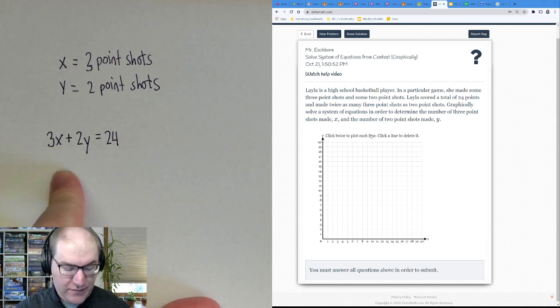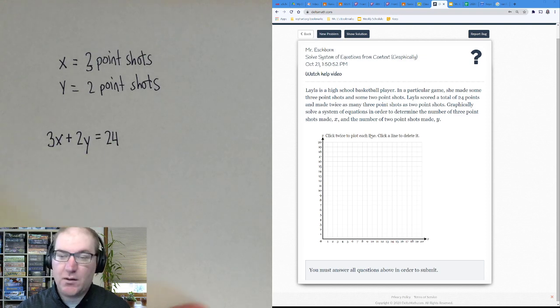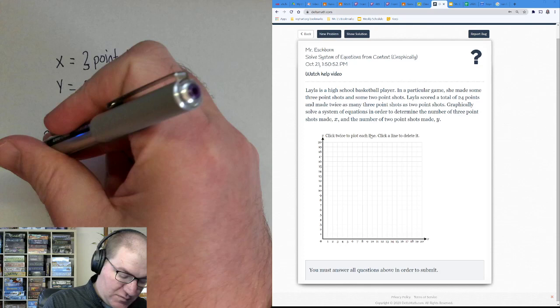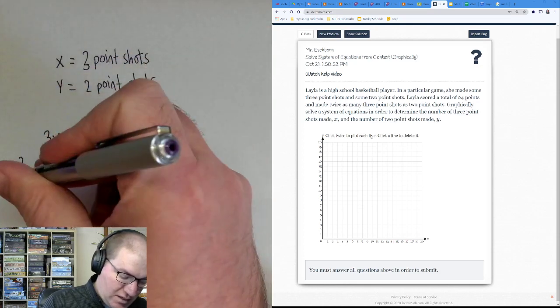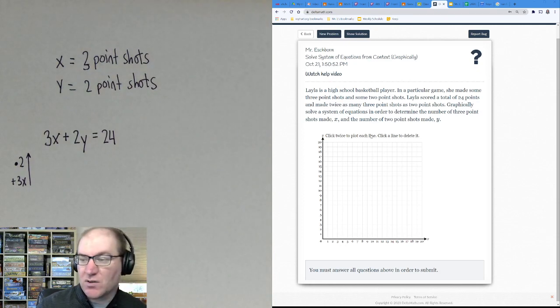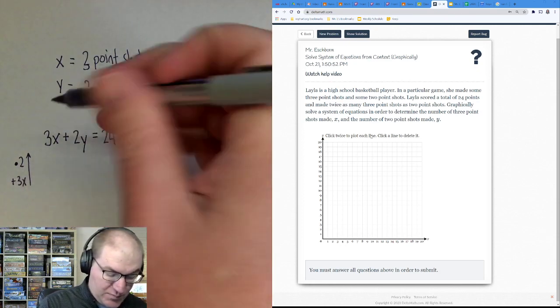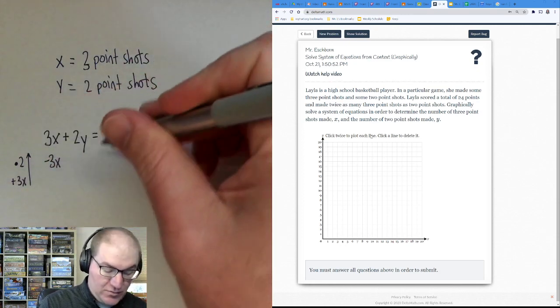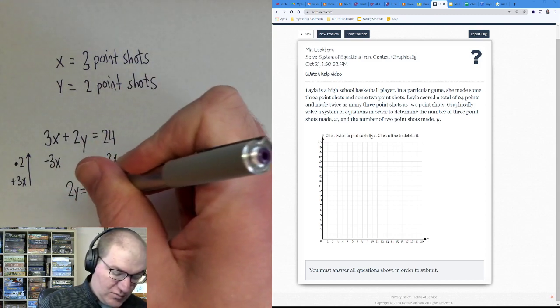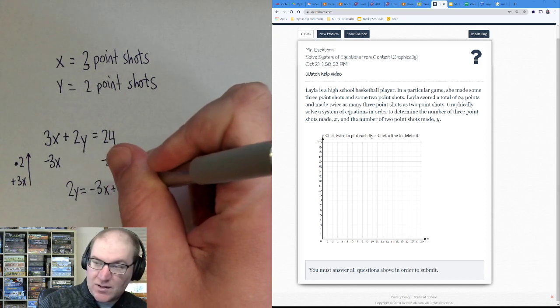They want us to graph it, but this does not have the y alone. So let's work to get the y alone. What's happening to the y right now? It's being multiplied by 2 and increased by 3x. So let's use inverse operations to work backwards. Let's get rid of this plus 3x by doing minus 3x to both sides. And we're going to end up with 2y equals negative 3x plus 24.